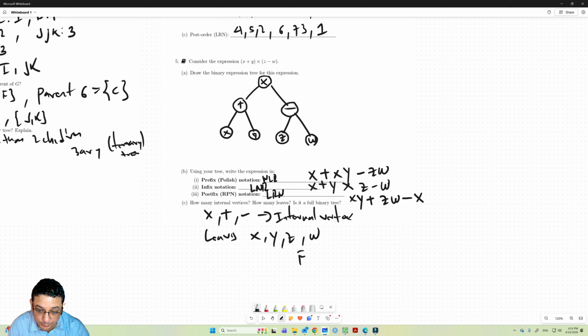This is a full binary tree. Notice that every internal vertex has exactly 2 children, so it's going to match the definition of a full binary tree. We have the leaves being i plus 1, which in this case means that the 4 leaves are equivalent to the 3 internal vertices plus 1.